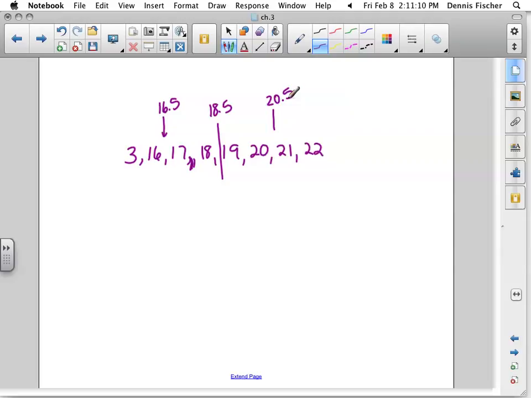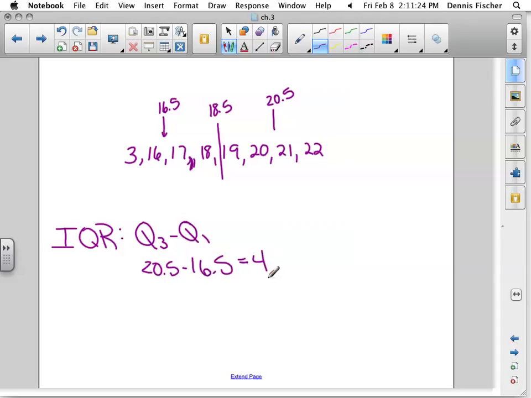Now my interquartile range, IQR, is quartile 3 minus quartile 1. So 20.5 minus 16.5, which is 4.